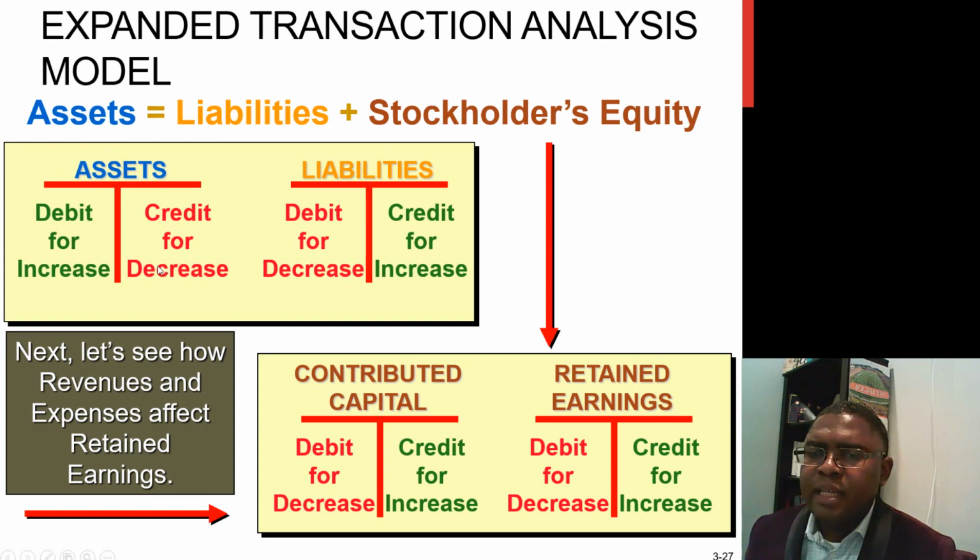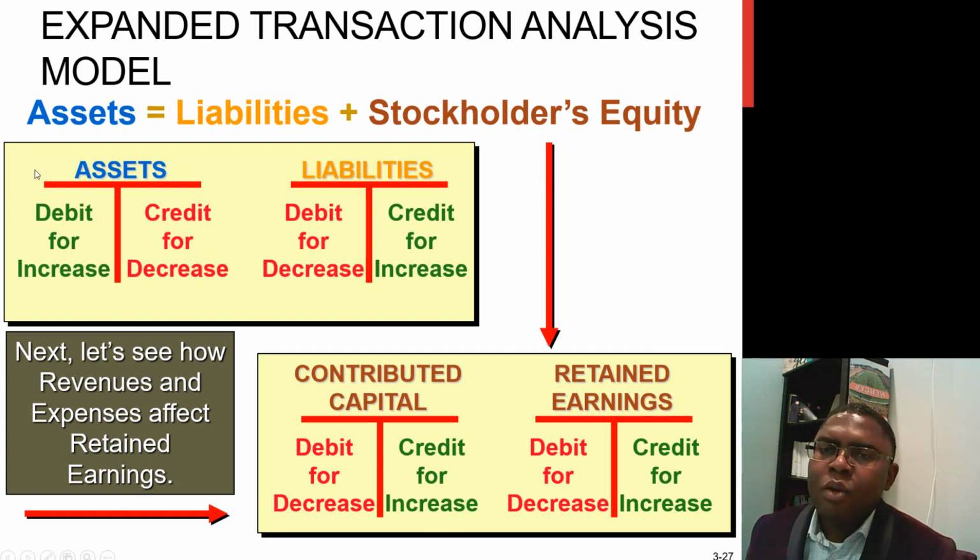Notice we have said increases in assets take a debit balance, so you see debit for increases. For liability, increases in liability take a credit balance. And for stockholders' equity, increases in stockholders' equity take a credit balance.